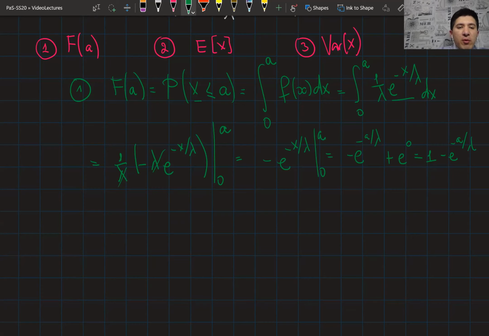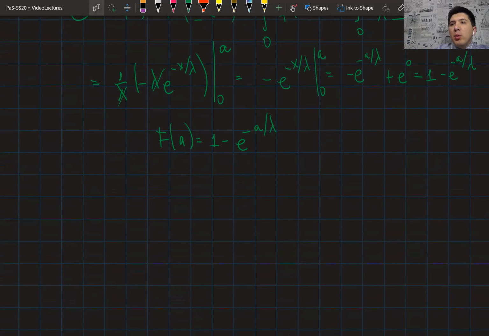So we've got a formula for the cumulative distribution function. It's going to be F of a equal to 1 minus e to the power of minus a over lambda. What does it mean? It means that if I know that on average the time between two consecutive buses is equal to 12 minutes, and I would like to know the probability that I'm going to wait less than 12 minutes for the next bus, it's going to be the cumulative distribution function at 12.